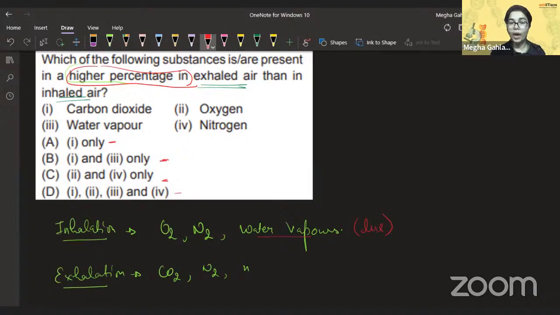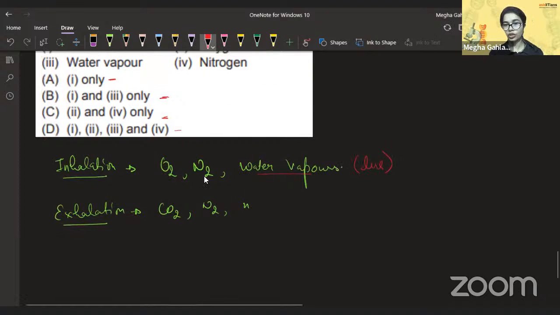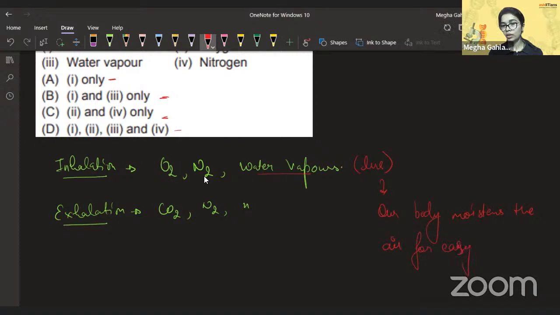But during the inhalation, our body moistens the air for easy gaseous exchange within the lungs, right?